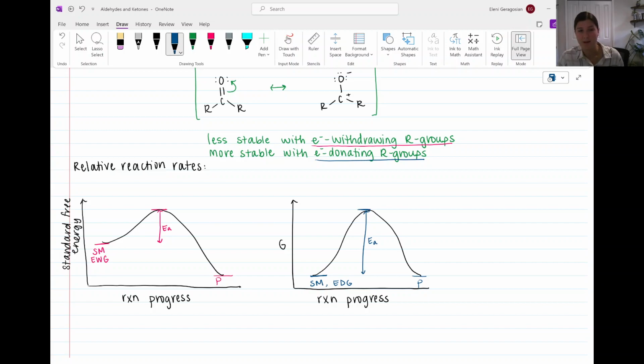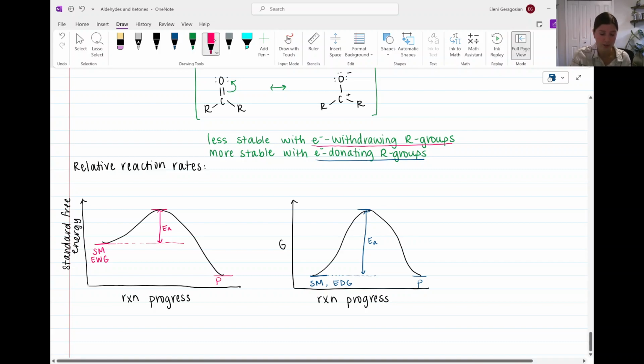When we have a molecule with electron withdrawing groups, its activation energy in total is much lower than having starting material with electron donating groups, because the starting material with electron withdrawing groups already exists at a higher energy.